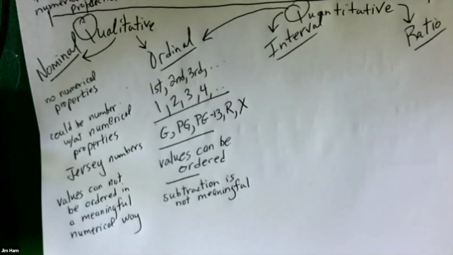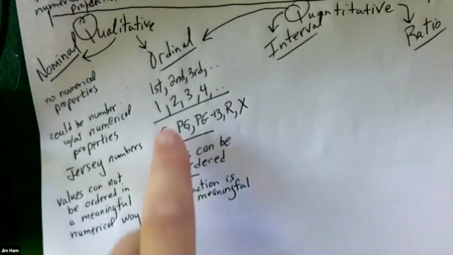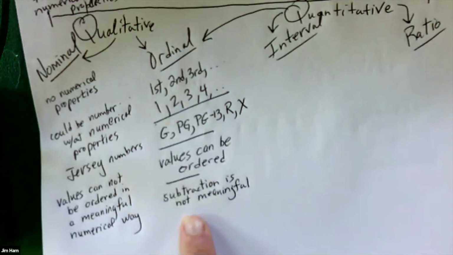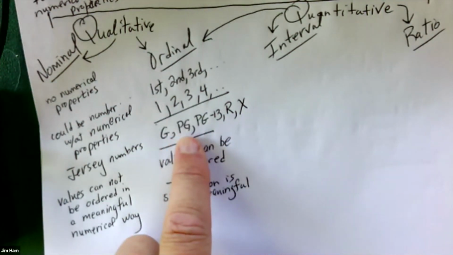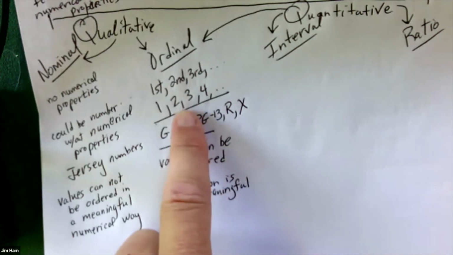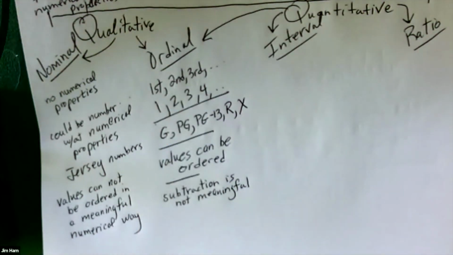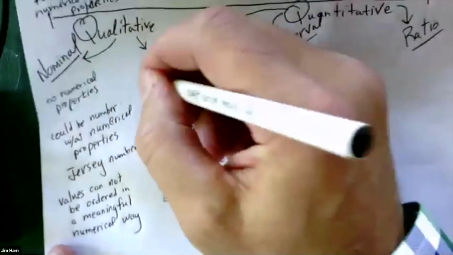And so there's no real meaning behind subtracting two of these adjacent possible values. So subtraction is not meaningful. Certainly PG minus G is not meaningful. It's clear there. But even with 1 minus 2 and 3 minus 2 and so on, those are not meaningful subtractions. So values can be ordered, but subtraction is not meaningful.